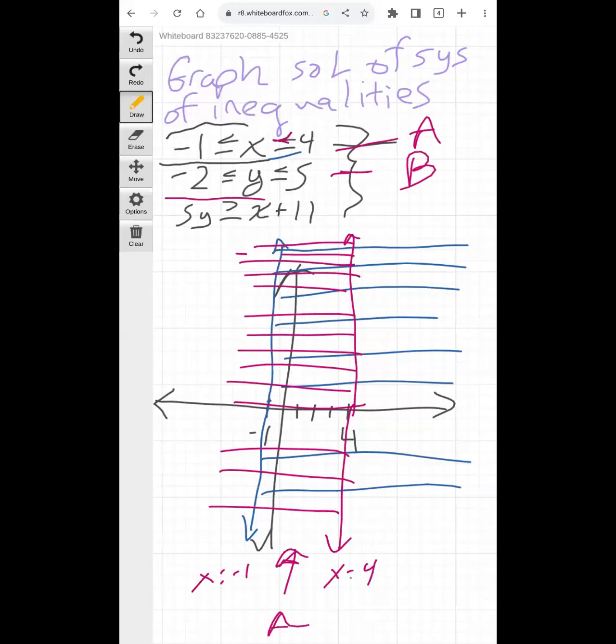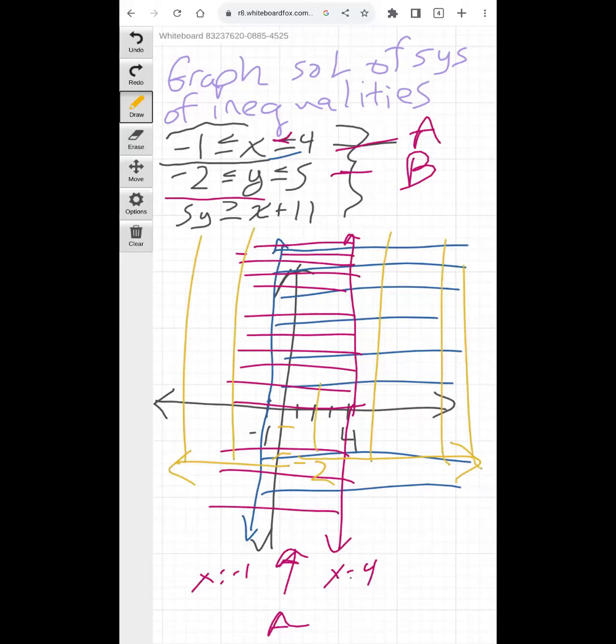We're running out of colors here. We're going to graph the line y equals -2, and then shade all values for y greater than -2.